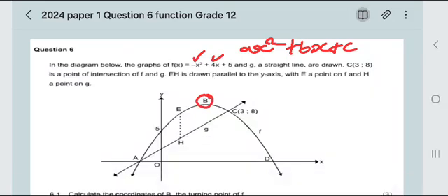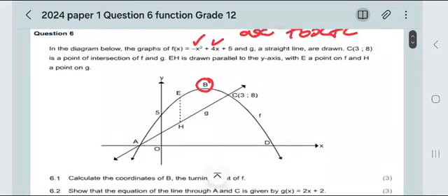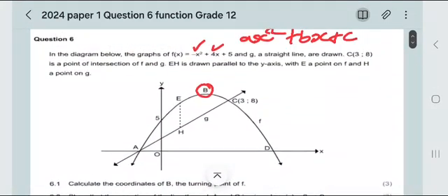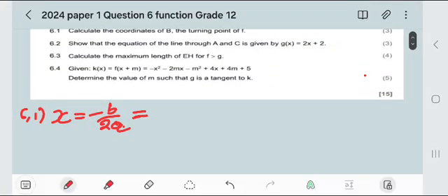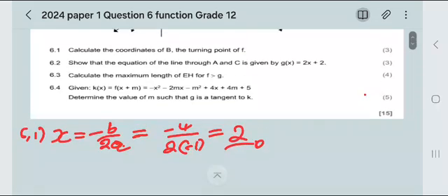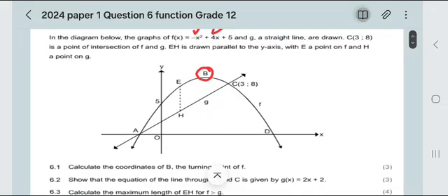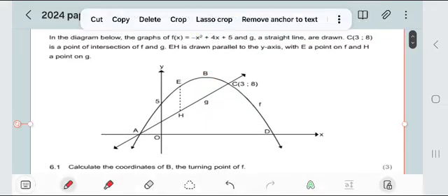Our b there is 4, our a is minus 1, so this will be minus 4 over 2 times minus 1, which will equal 2. So the value of x here is 2.